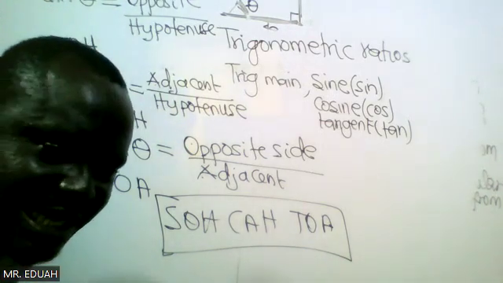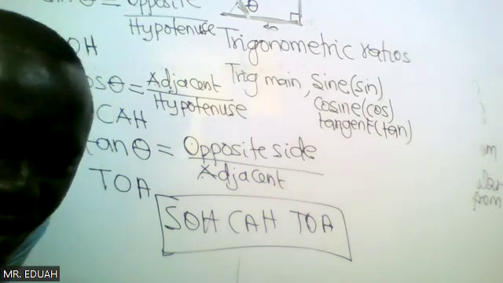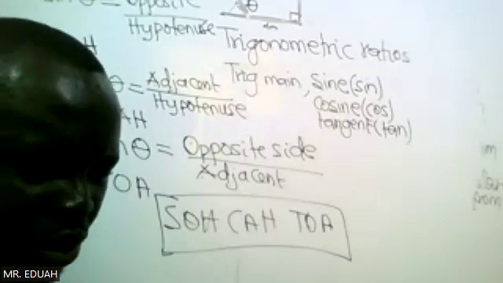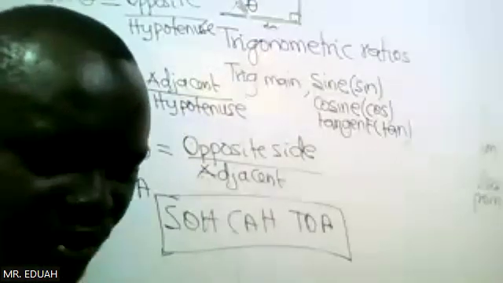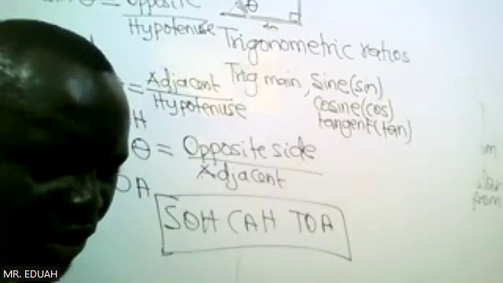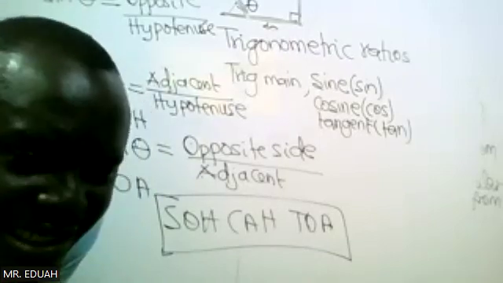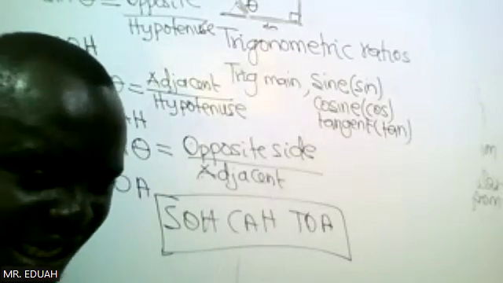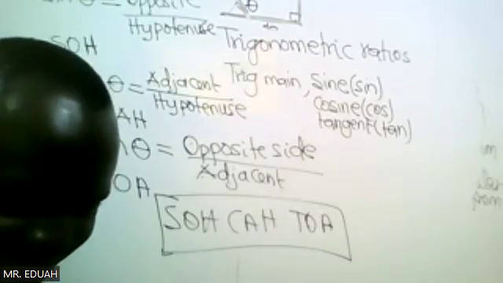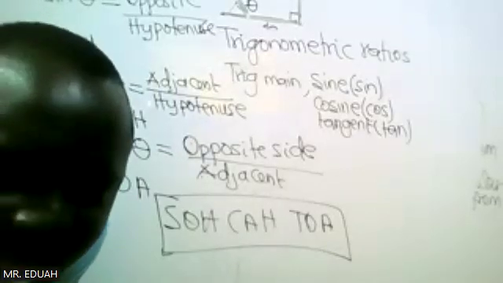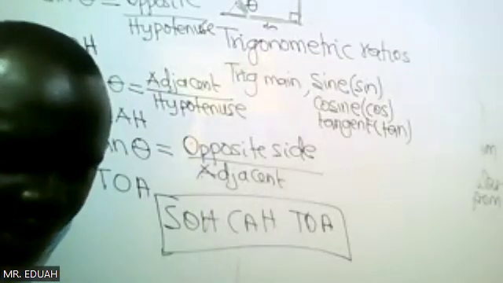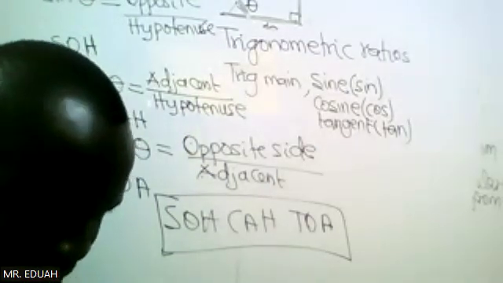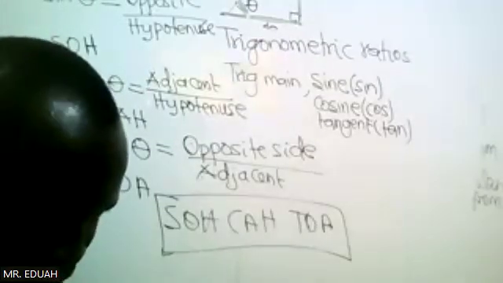Whenever it is asked and you can't figure out which one is the ratio, SOH CAH TOA: SOH means sine, opposite over hypotenuse, CAH is cosine, adjacent over hypotenuse, TOA, tangent, opposite over adjacent. It helped us so well. So we have created a beautiful word with their initials, which will aid easy memorization of the trig ratios. I recommend you also use it to master this technique. Is that okay?